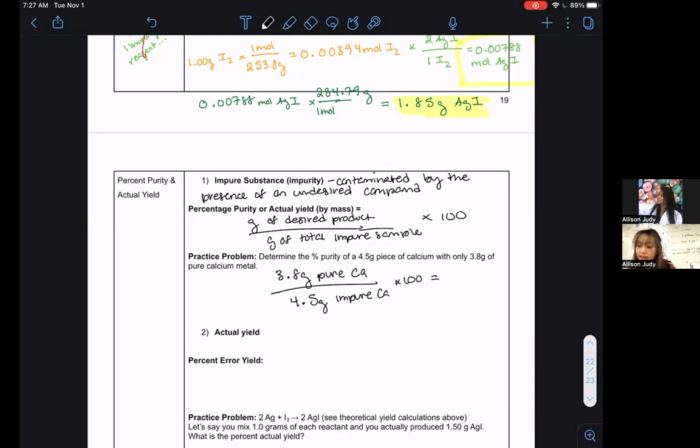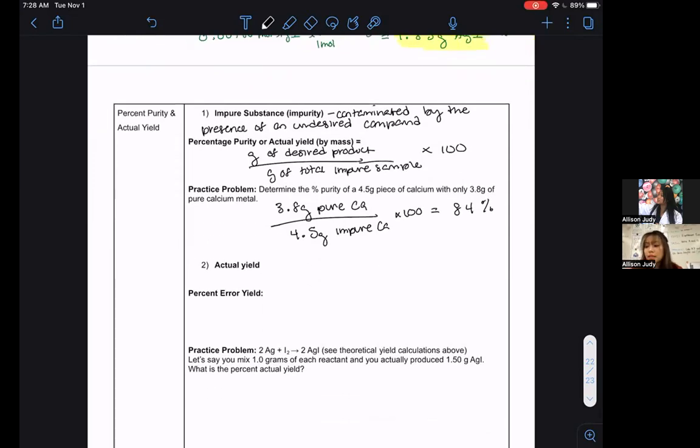And I should get a percent purity or actual yield of 3.8 divided by 4.5, which is 84%. According to sig figs, two sig figs, 84%. So my percent purity is that out of that 4.5 gram sample, 84% of it was truly pure calcium. And that was determined by actually purifying it and seeing how many grams I actually got of pure calcium.